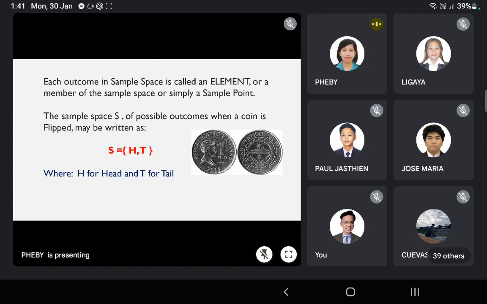Kapag nag-flip tayo ng coin, it's either head or tail, so there are two possible outcomes. Paano isusulat yan? S is equal to the outcomes H, T.